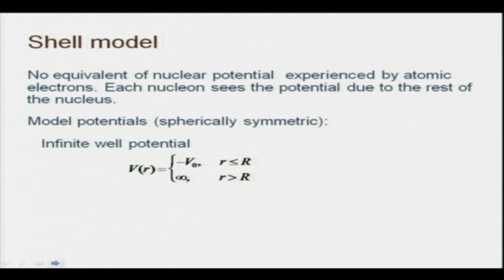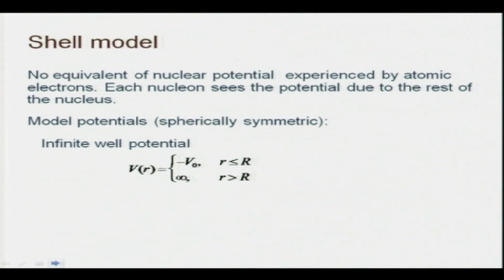So, one immediate thought is to consider an attractive potential which has a short range, almost the same as the size of the nucleus. Similar to the neutron case again, you can consider a constant attractive potential of minus V0 up to the radial distance r equal to capital R, the size of the nucleus, and beyond that it is infinite.